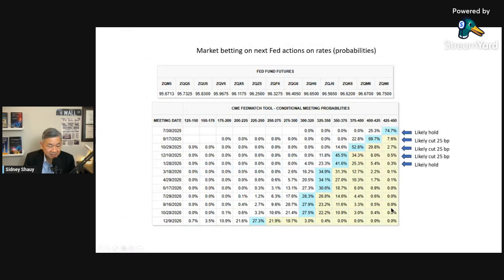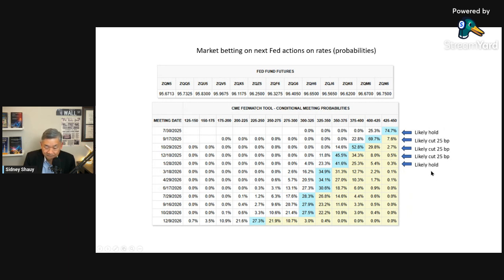Now, what's the market betting on for the next Fed actions on rates? Even under pressure from the president, Jerome Powell is holding. The market thinks that for the July meeting there's probably a 74% probability that it's going to hold, not going to cut so soon.